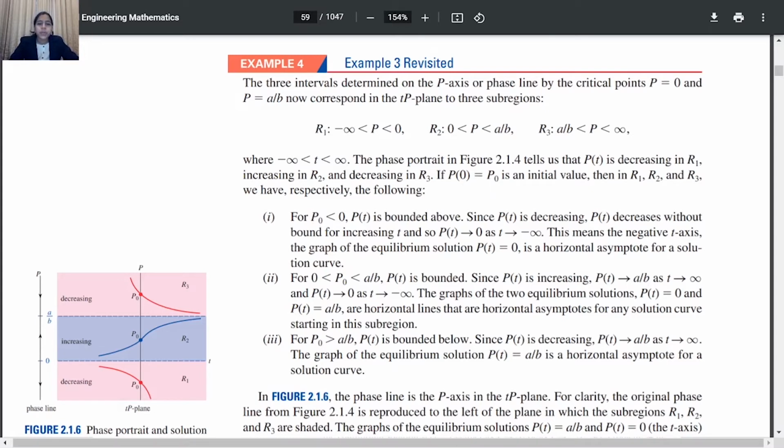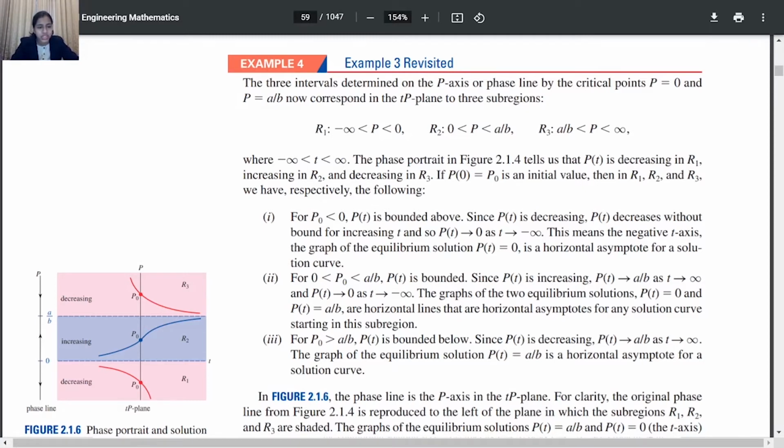If p naught is less than 0, then p of t is bounded above, and as the function p is decreasing in the first region, it will tend to 0 as t tends to minus infinity.